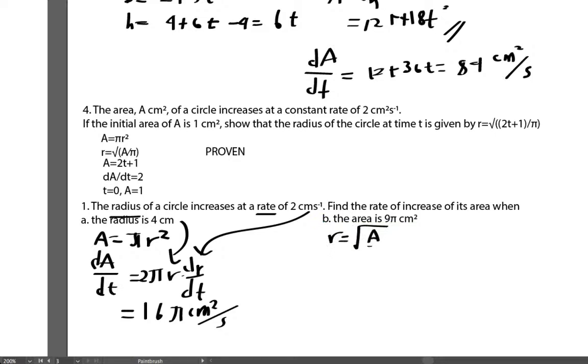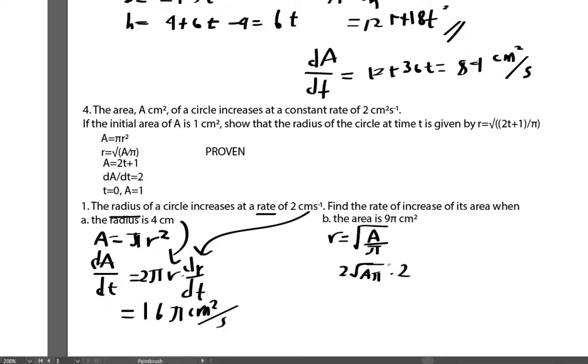This is actually true. And so when you know this, you just plug it inside the formula to get 2 square root of pi a, multiplied by pi, multiplied by the change of r over t, which is 2 again.